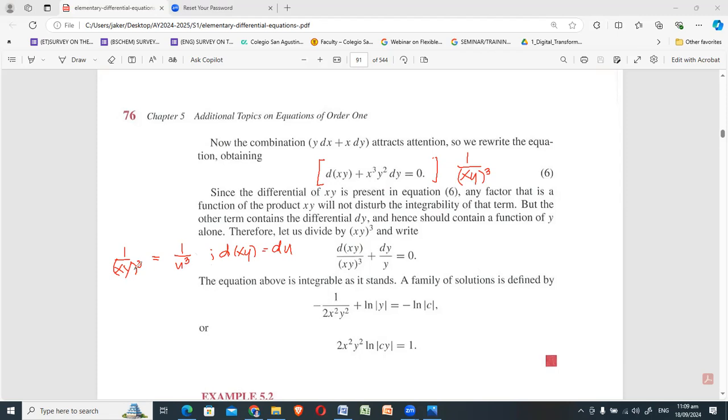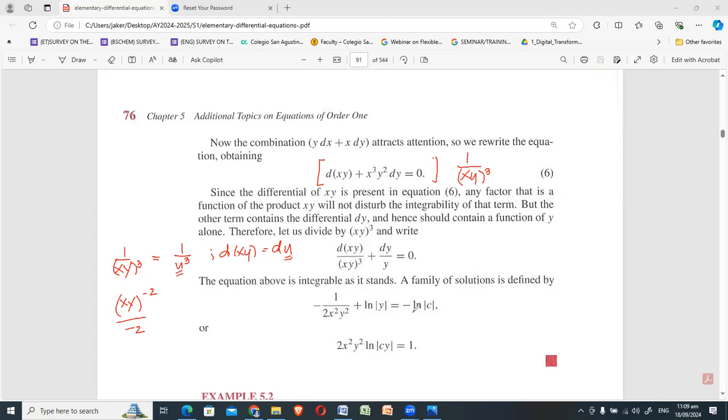Why? Because you look at the entire xy as one entity, which is u, and its derivative is du. So using the power rule on 1 over xy raised to 3, that would be xy raised to negative 2 over negative 2, and this is the thing that you see here. Negative 1 over 2, you will have x raised to negative 2 as 1 over x squared, and the same with y raised to negative 2 as 1 over y squared.